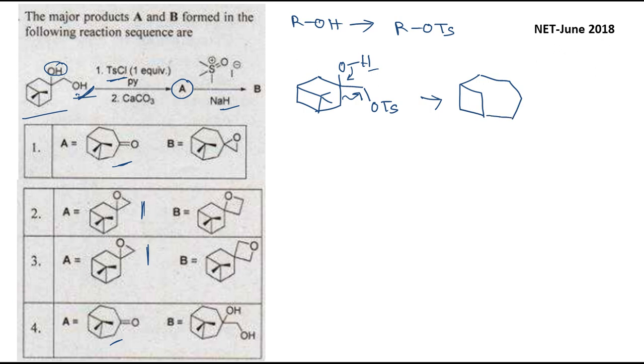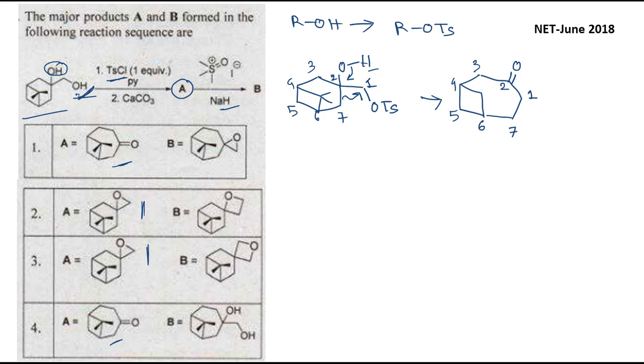Okay, so suppose it is 1, 2, 3, 4, 5, 6, 7. So now there is formation of this 3, C=O double bond here, and then we have 1, this is 2. So the 2-7 bond is broken, and this is a 7-member ring.